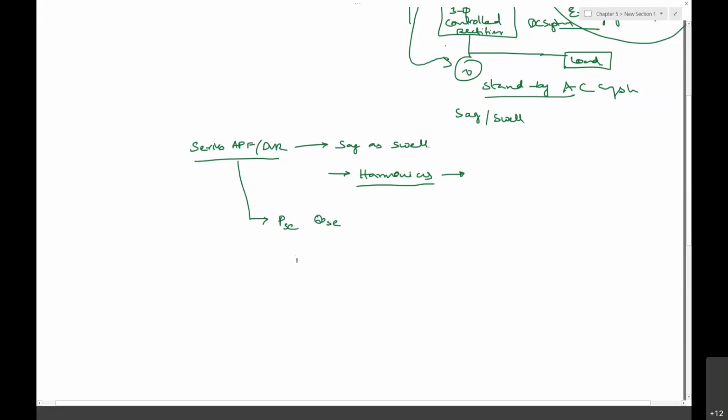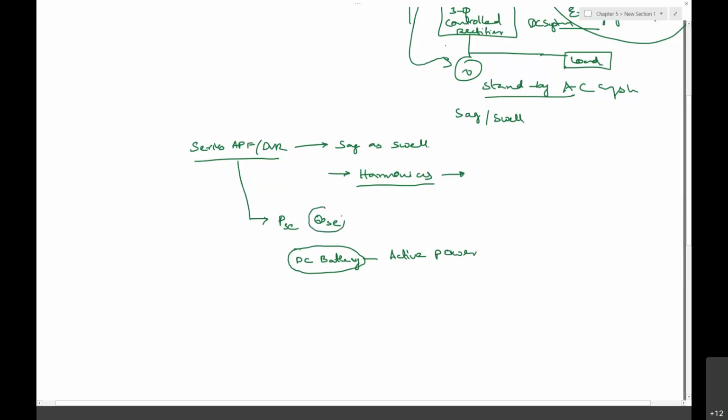When you say a DC battery, it is only storing some amount of active power.